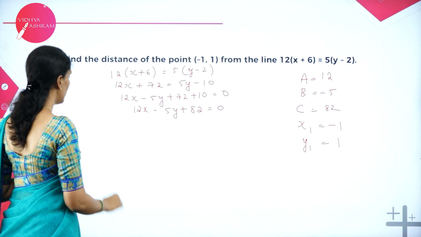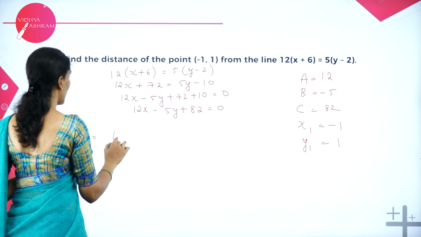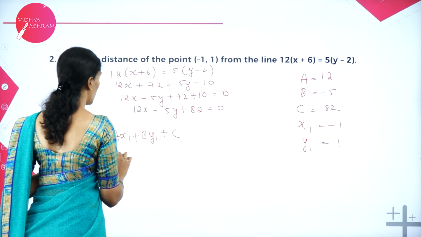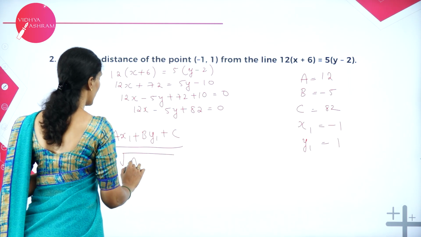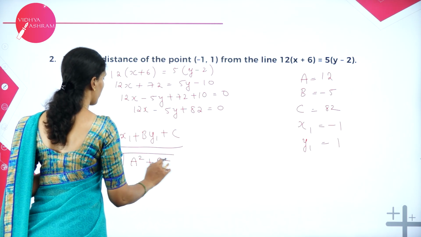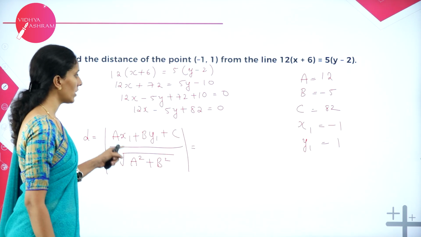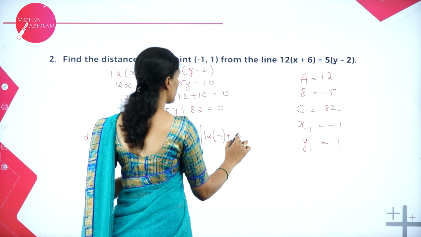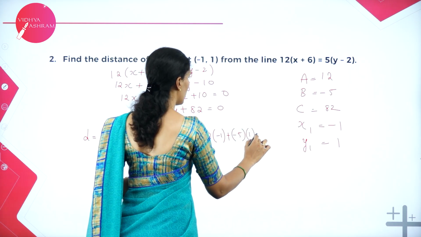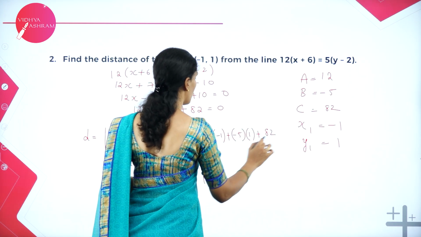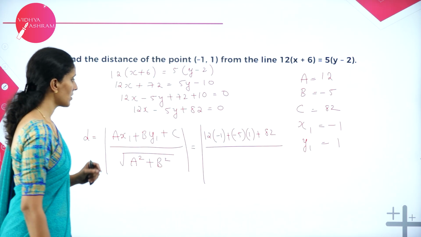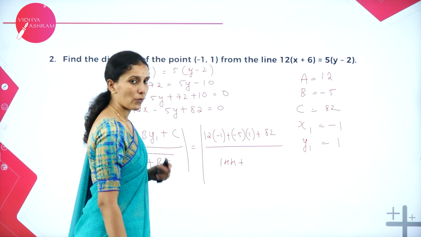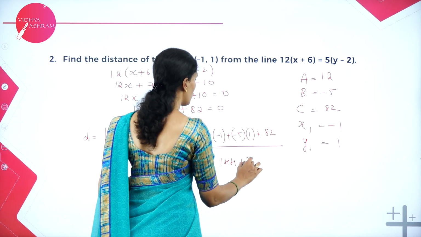What is the formula? D is equal to modulus of ax1 plus by1 plus c over square root of a square plus b square. Substitute it now. What is the value of a? 12 into minus 1, minus 5 into 1, plus c is 82, divided by a square is 12 square, 144. B square is minus 5 whole square, which is 25.